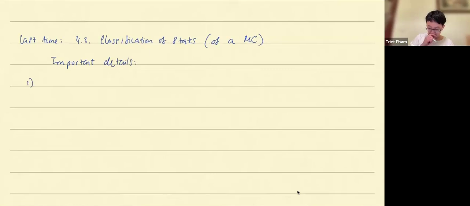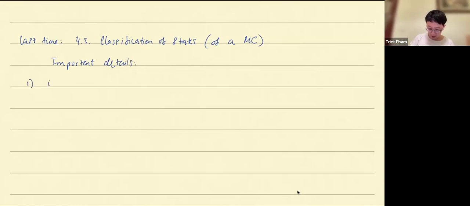So first is the connection between two states. J is accessible from I if P_ij^(t) is positive for some t.